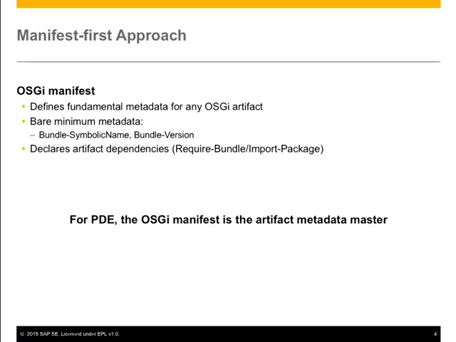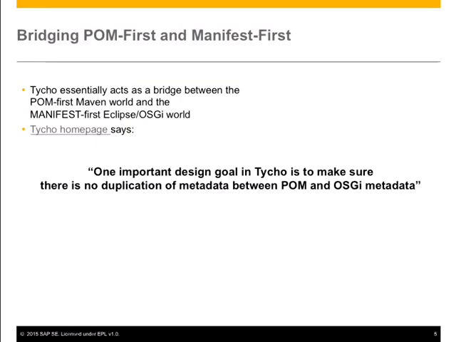And so you see that there's some kind of conflict here when we try to marry these two approaches and have a build that is run using Maven. So what Tycho is essentially doing is trying to bridge this gap, all right? It bridges the gap between the POM first, I call it POM first as opposed to manifest first, classical Maven world, and the manifest-first Eclipse OSGi world.